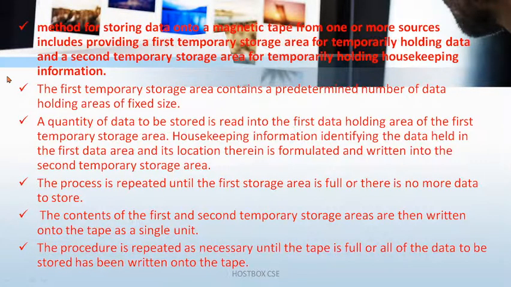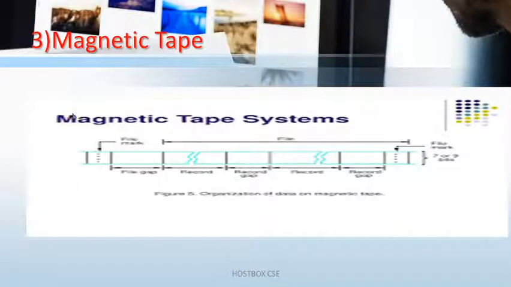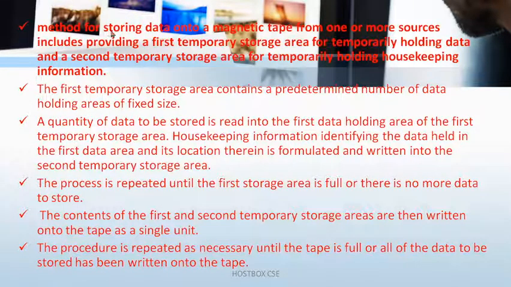Some highlighting points are given here. How does Magnetic tape work? It's a method for storing data onto a Magnetic tape from one or more sources, including providing a first temporary storage area for temporarily holding data, and a secondary temporary storage for temporarily holding housekeeping information, where it contains a predetermined number of data holding areas of fixed size.